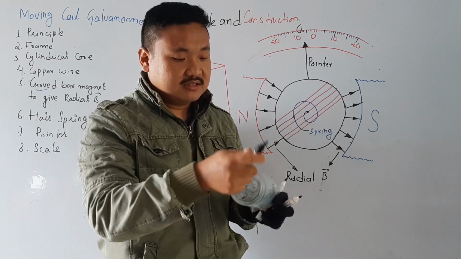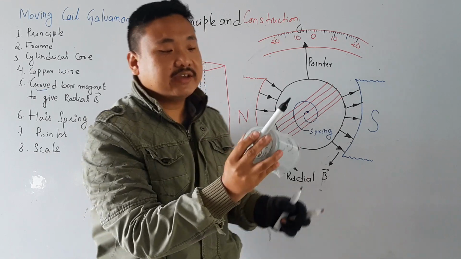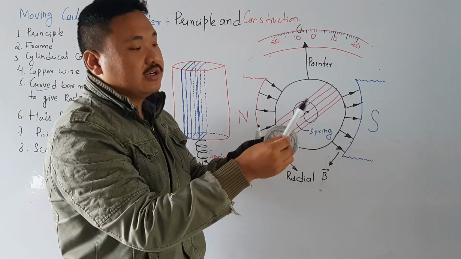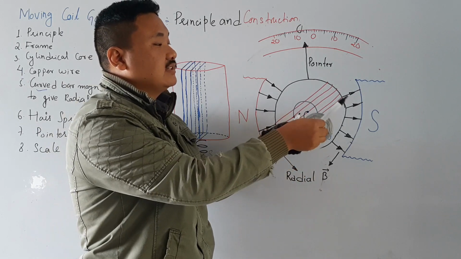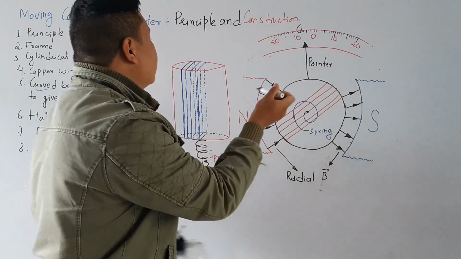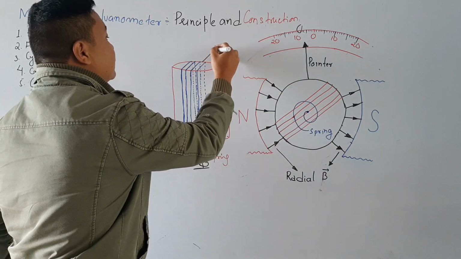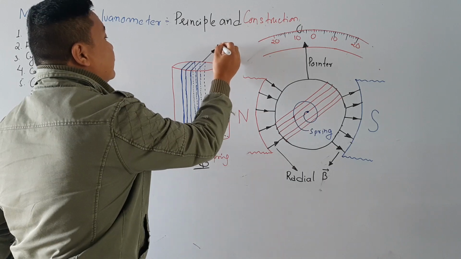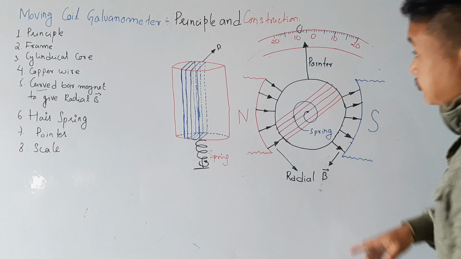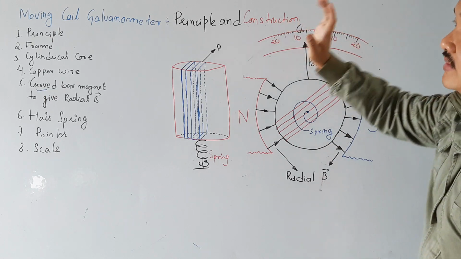Whenever the cylinder rotates, the pointer will also rotate, and you will get a marking, a measurement over here. So this is my pointer, and this is my scale for measurement.